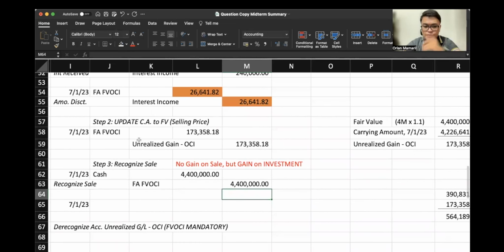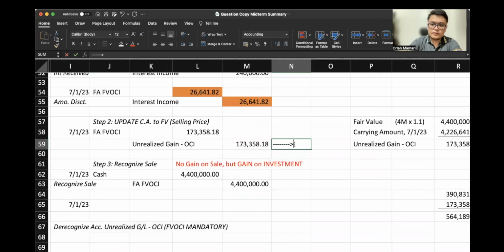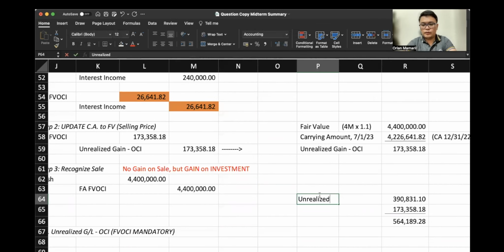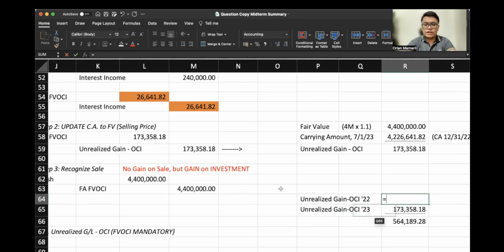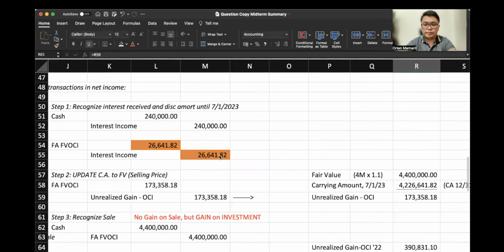In our previous notes, remember that we would also recognize the accumulated unrealized gain, right? So where is that accumulated unrealized gain? That is the unrealized gain that we recognized initially in 2022 and the unrealized gain that we recognized in 2023. In 2022, we recognized 390,831.1.